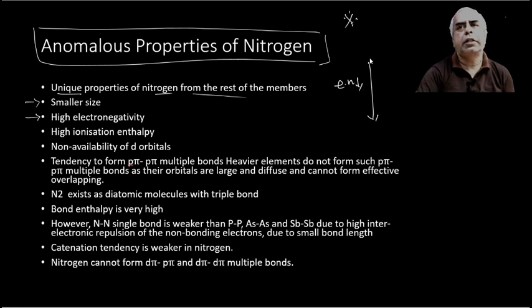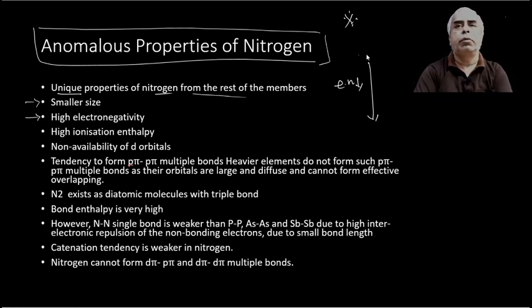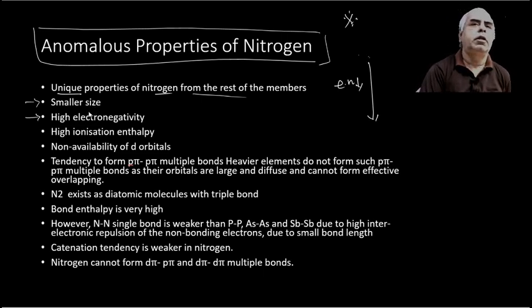Since nitrogen occupies the top position, it is more electronegative. Down the group, electropositivity increases. So the high electronegativity, at the top of the group occupied by nitrogen, brings a unique property for nitrogen.